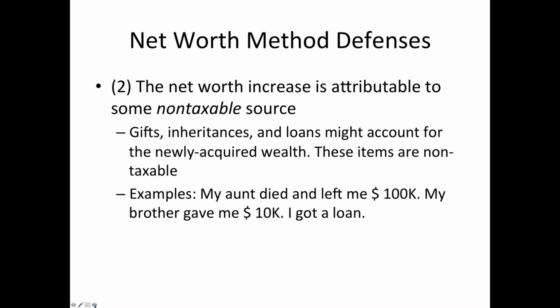An example, as straightforward as it might be, is one where the taxpayer's aunt or relative died and left him with a sizable amount of income. Another situation might be a brother that gave the taxpayer some money or a loan.